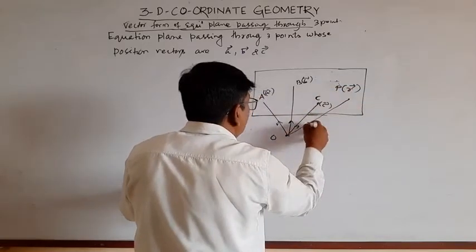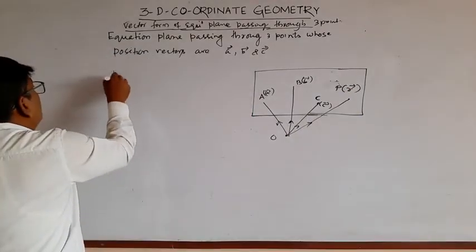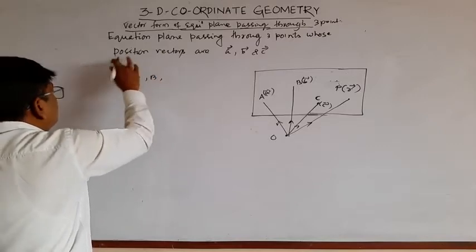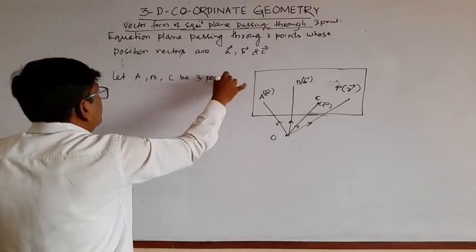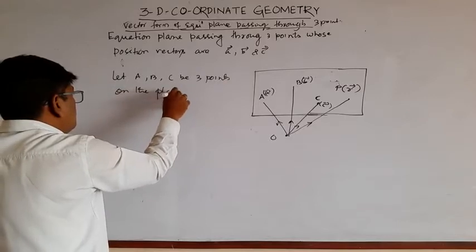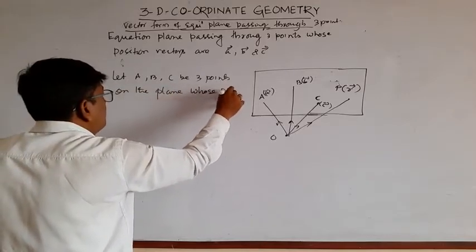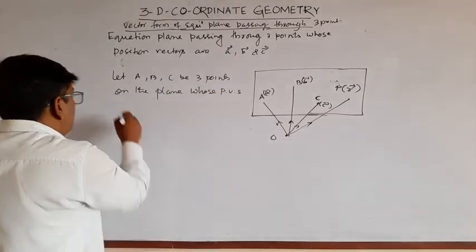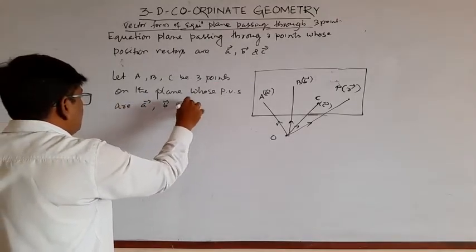This is R vector. Now let A, B, C be three points on the plane whose position vectors are A vector, B vector, and C vector respectively.